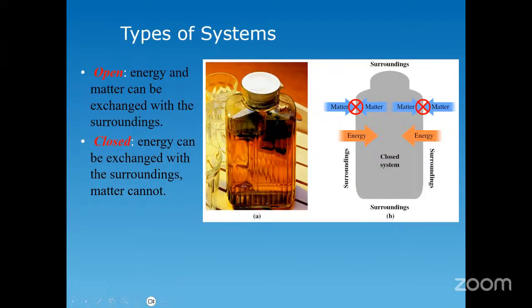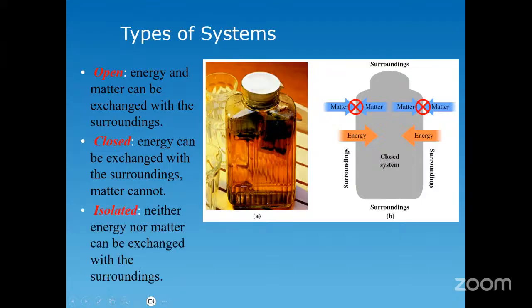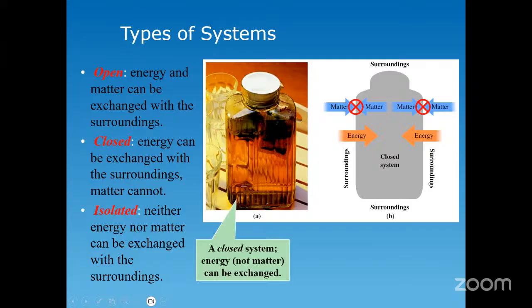And then the third and final type of system is what we call the isolated system. In the case of the isolated system, there's no exchange of matter or energy between the system and the surroundings, all right? So that's basically the three types of systems.